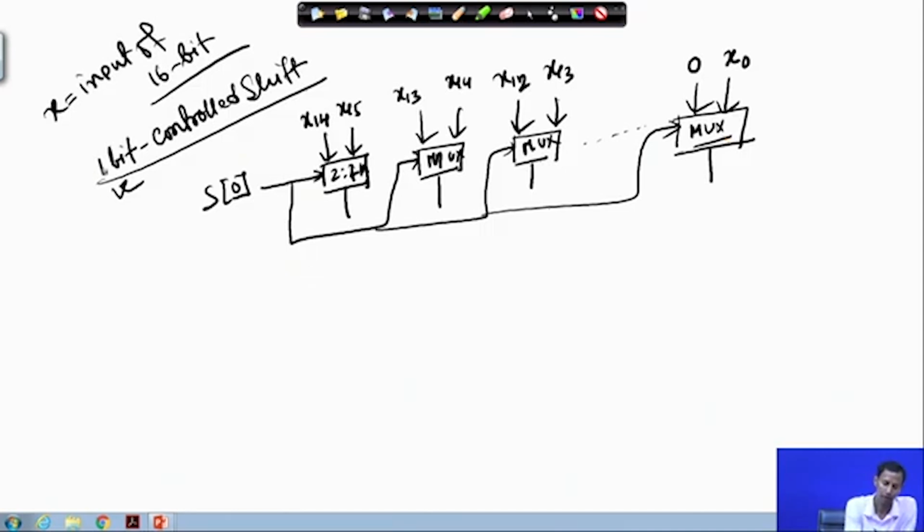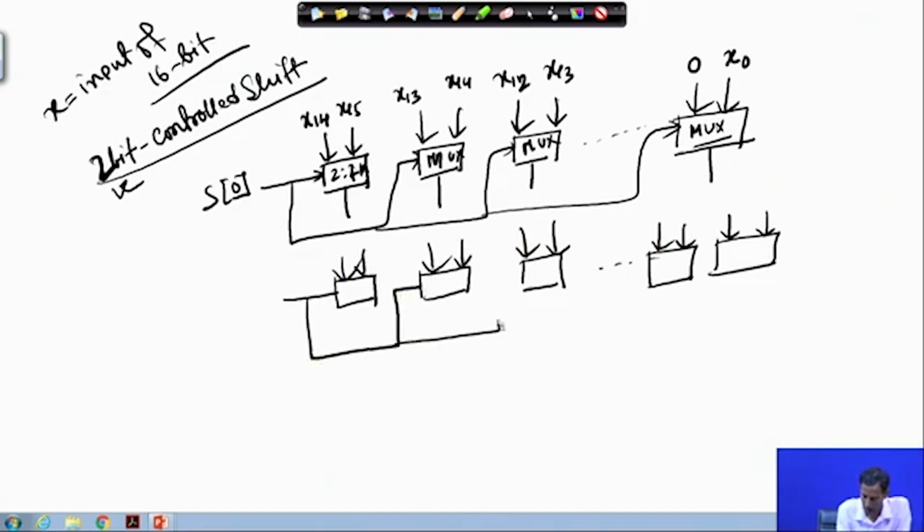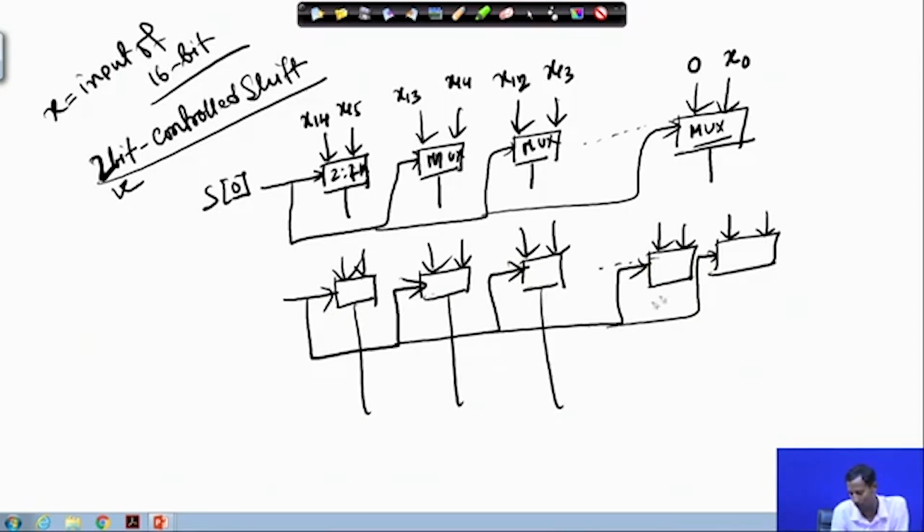If I want 2 bit, then only the bit position will change, right. So, how will the bit position change? If I consider this as a select line at this particular stage, each of these is a 2:1 mux.